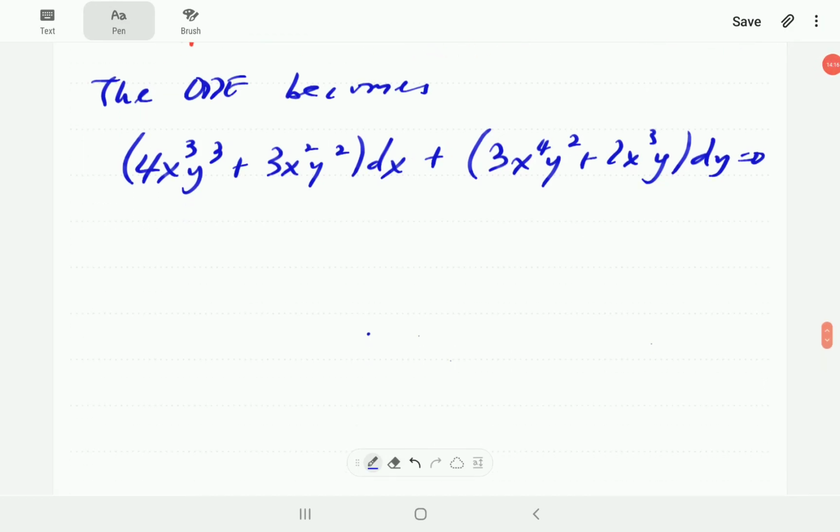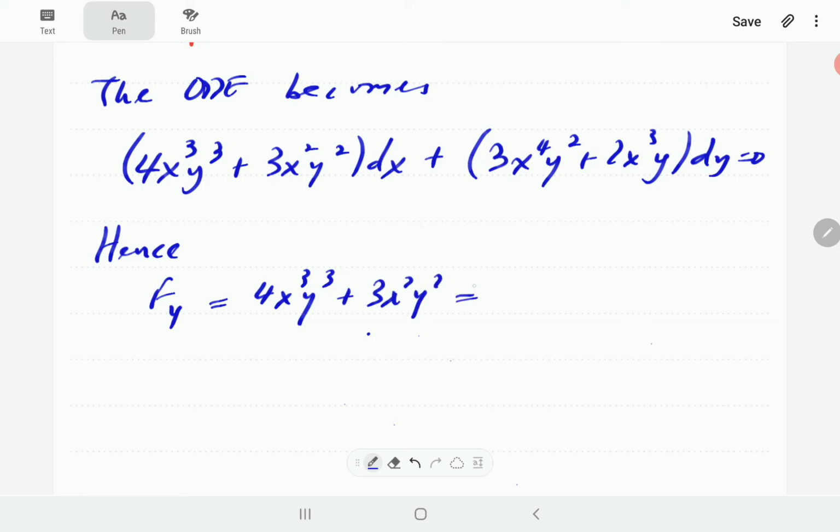So this is going to be exact, so it means f_x is going to be equal to 4x^3 y^3 + 3x^2 y^2.